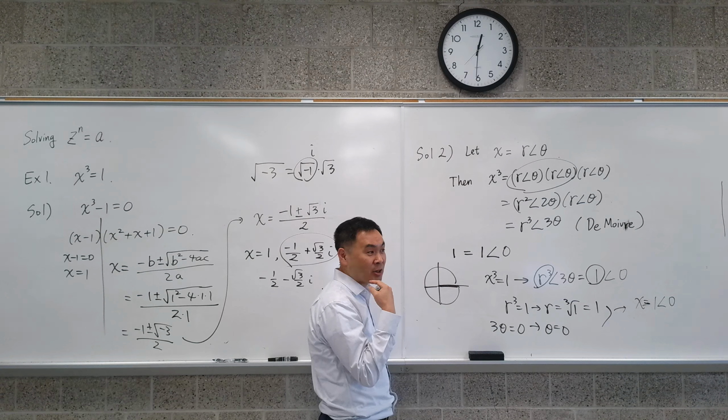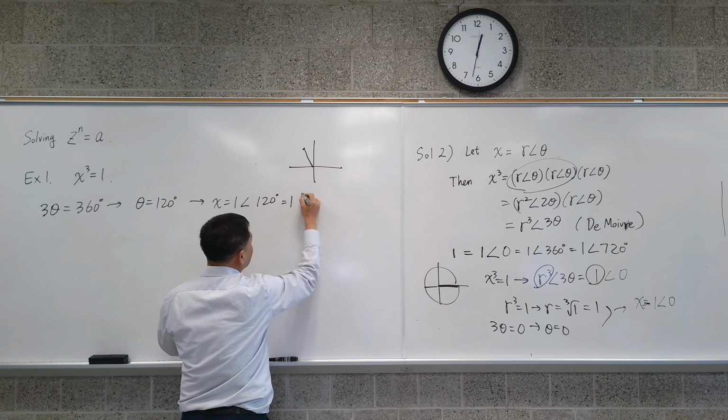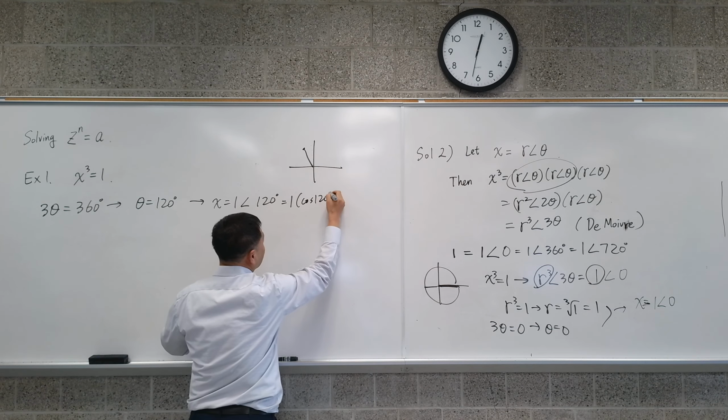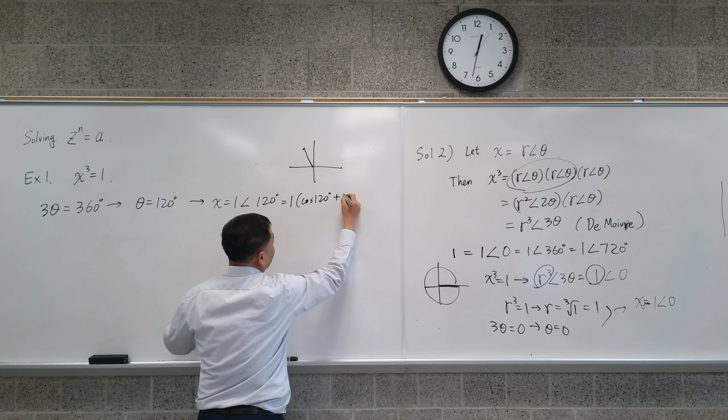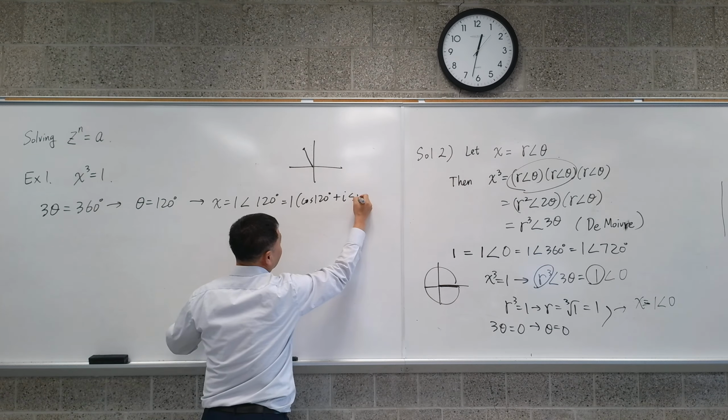So you have the other two cases where 3 theta equals 360 degrees. What's that? Theta is 120 degrees. So that means x is equal to 1 angle 120 degrees. And that is exactly this picture, which, if you write in longhand, is 1 times cosine 120 degrees plus i times sine 120 degrees.